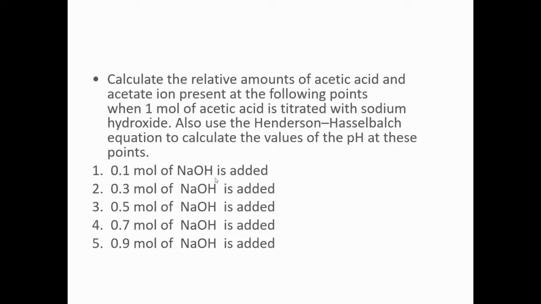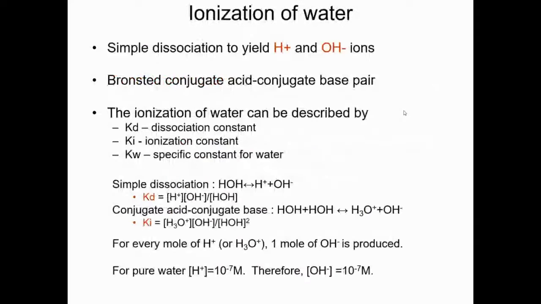Remember the equation: acetic acid on the left side, and on the right side you have acetate plus hydrogen. Since you have 0.1 molar sodium hydroxide, 0.1 of the acetic acid will go in this direction.